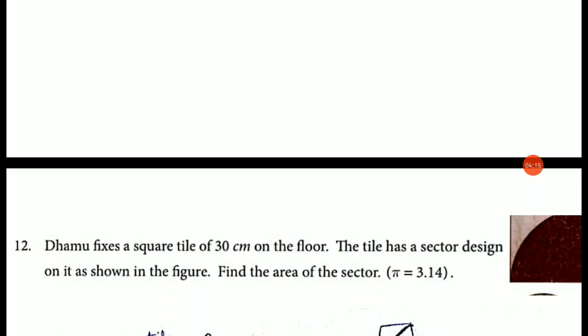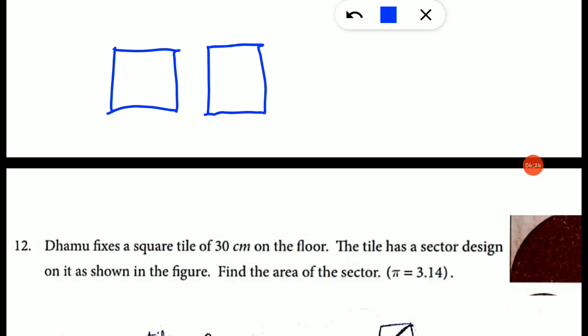Square tile they have told you. So, what is the meaning of that? He is fixing some square tiles, okay? This type of tiles he is fixing on his floor and each one has 30 centimeter. And then the tile has a sector design. Now, this is the hint given. It has a sector design.